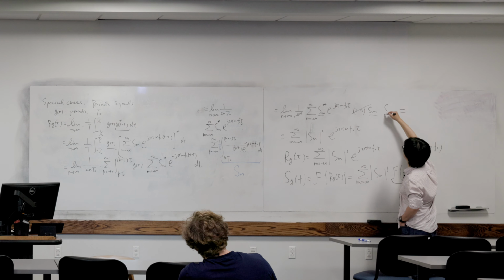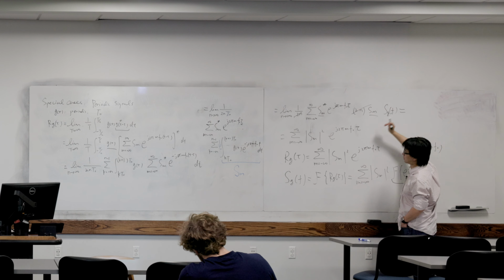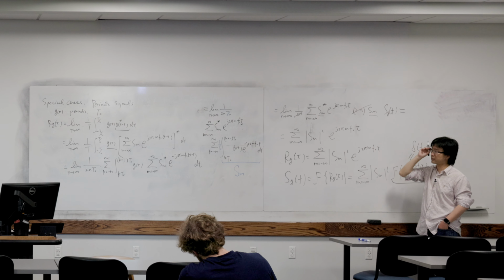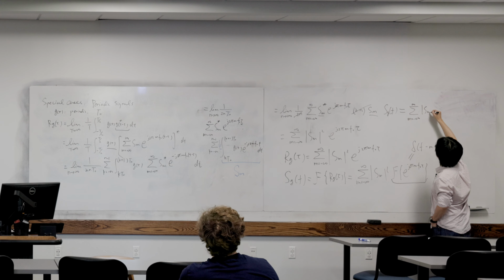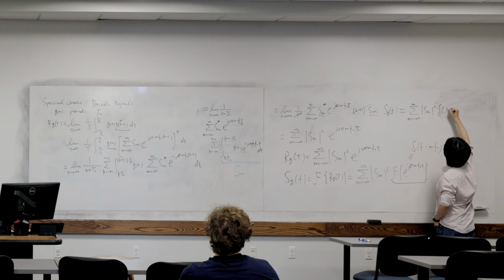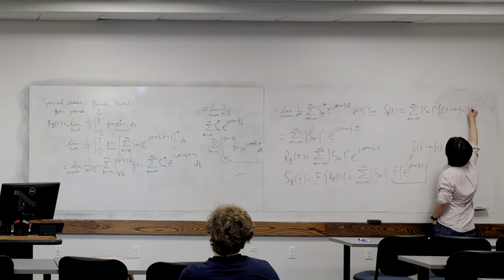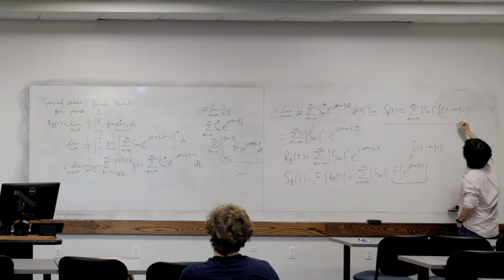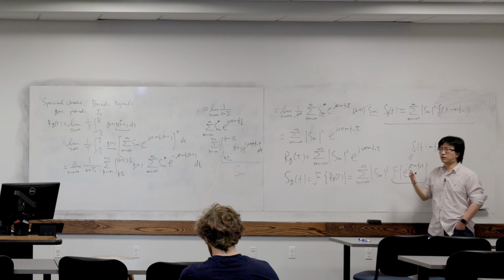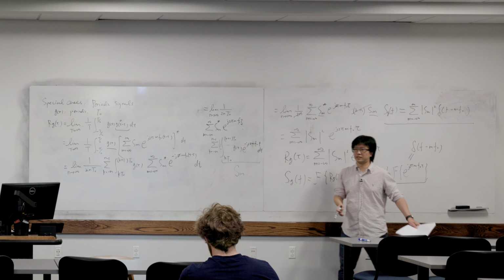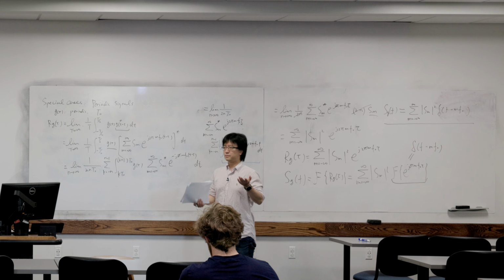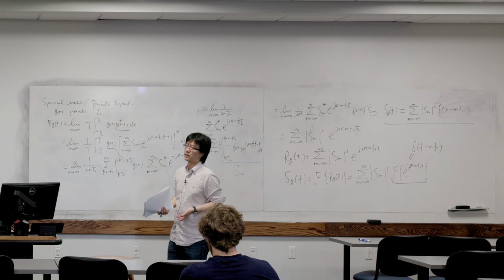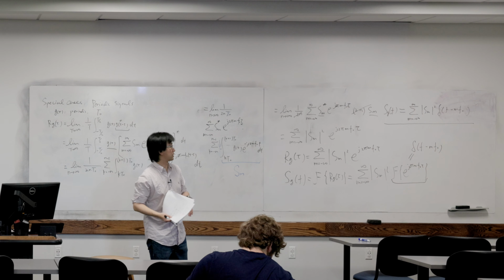Eventually, let's write the whole thing. The power spectral density of a periodic signal is nothing but this. Which sort of makes sense, right? Because it's a periodic signal, it should be represented by a summation of a bunch of delta signals.